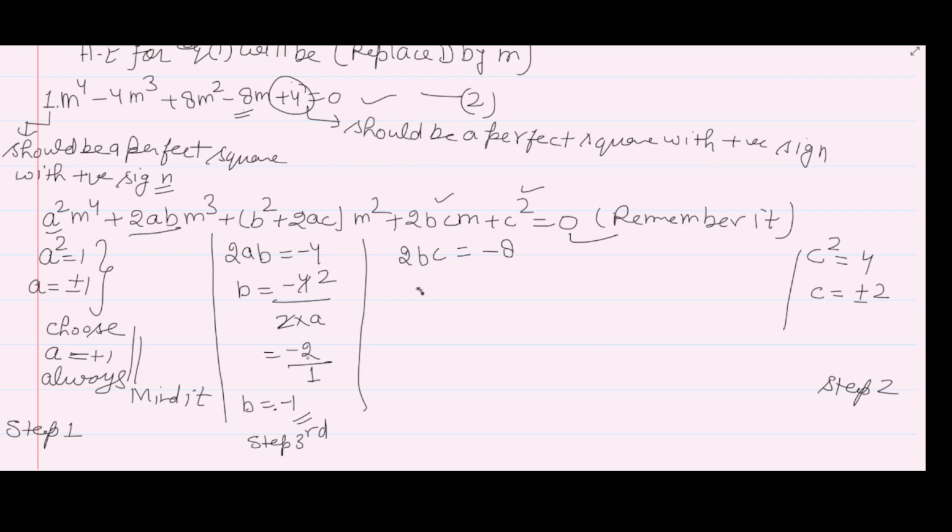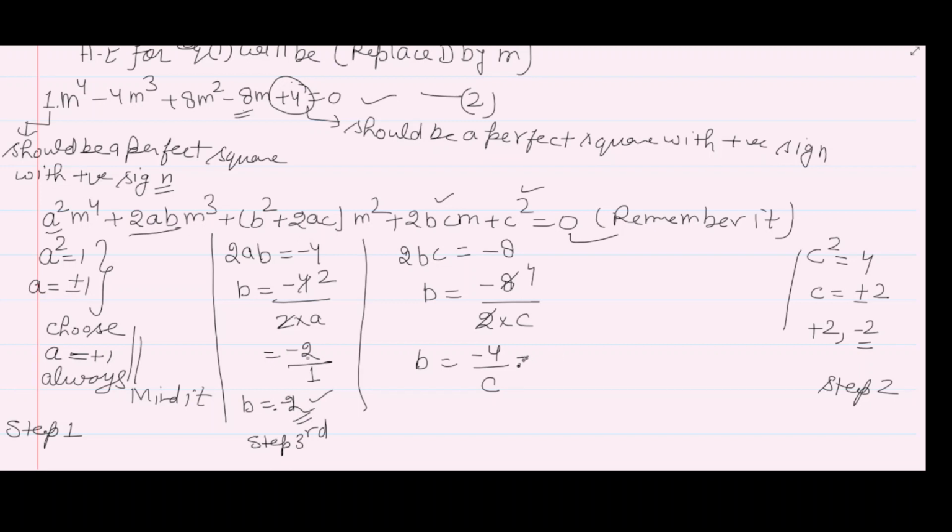Minus 8 means the value of b will be equal to minus 8 upon 2 into c. Now 2 4s are 8, that is the value of b is minus 4 upon c. So what should be the value of c? Plus 2 or minus 2, so that we can get the value of b is minus 2.